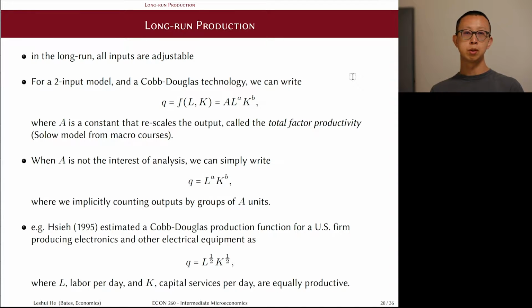Because we use production functions to model how the two inputs map into the output, it is useful to understand the substitution patterns between these inputs, so that if we need to produce a particular amount of output in our model, we can start to think about how to optimally choose the combination of inputs.